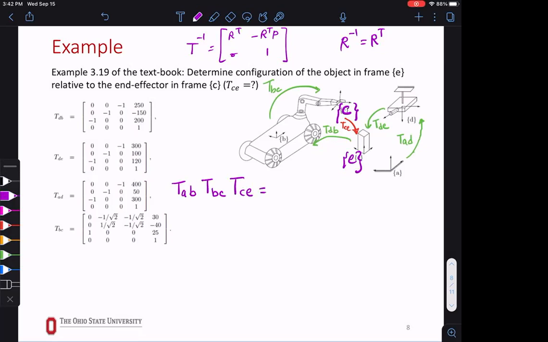Going from the fixed frame to the car, and then from the car to the camera, and from the camera to the object, should be equal to TAD, from the fixed frame to the camera and from the camera to the object, right? Because they're both showing where the object is.